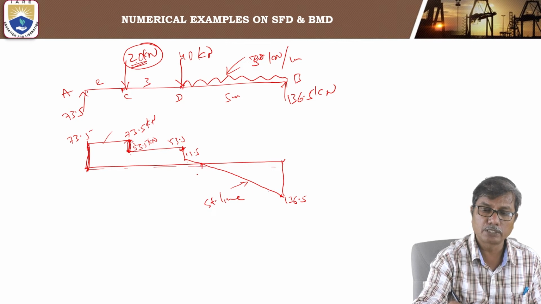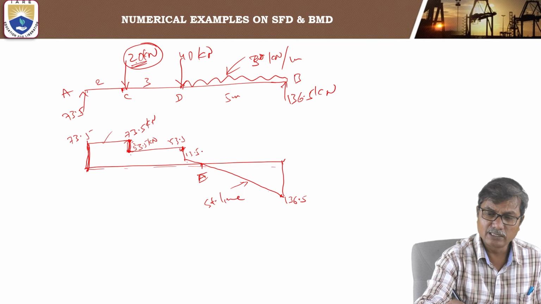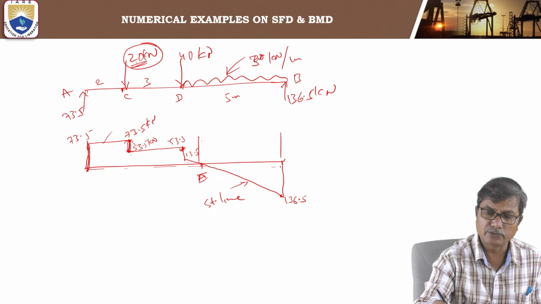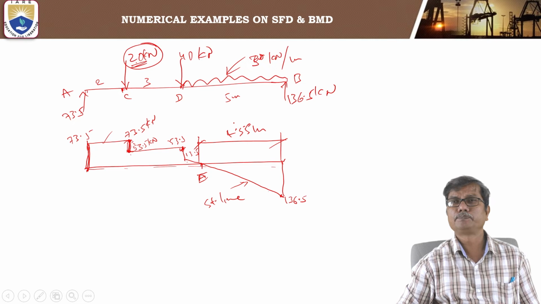At some point E, the shear force is changing sign, and the distance of this point from B is found to be 4.55 meters, which we have just calculated.